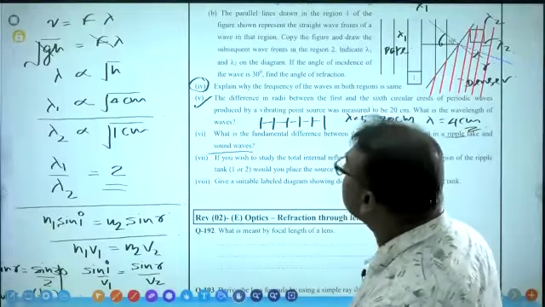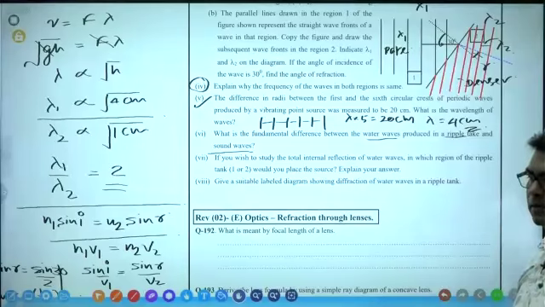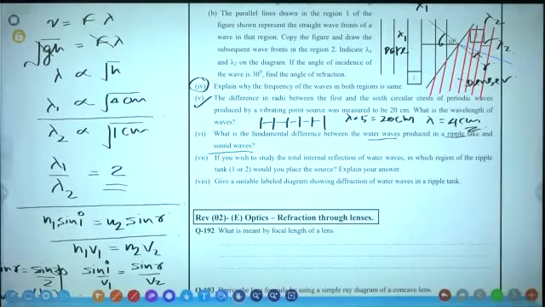To have the total internal reflection, the source, the light ray, should be traveled from denser medium to rarer medium.